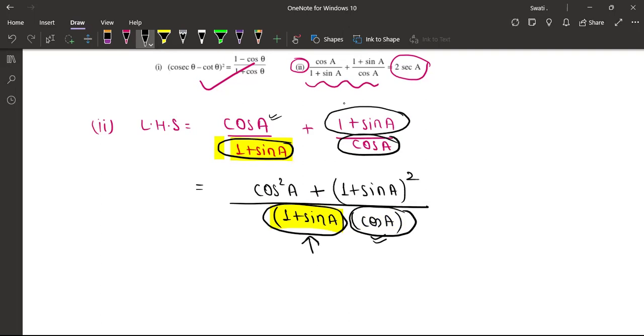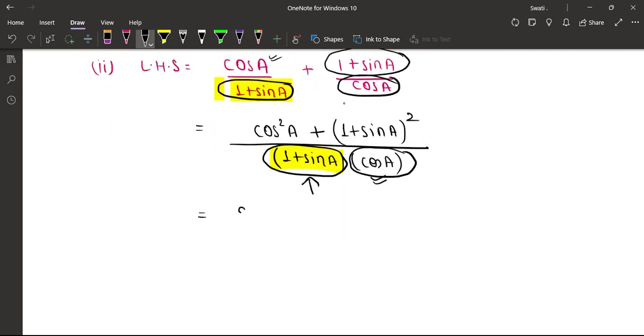Do you understand this? Okay. अभी बहुत इजी है क्वेश्चन, जस्ट न्यूमरेटर को सिंप्लीफाई करना है.